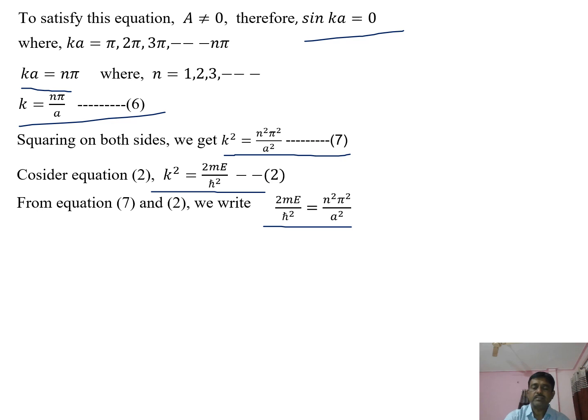Rearranging this equation, we write E is equal to n square pi square h cross square divided by 2 m a square. That is, this energy E is equal to n square h cross square pi square divided by 2 m a square.